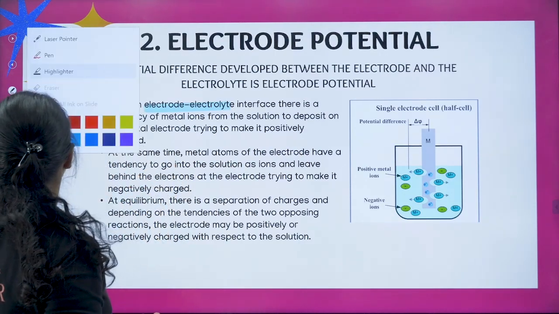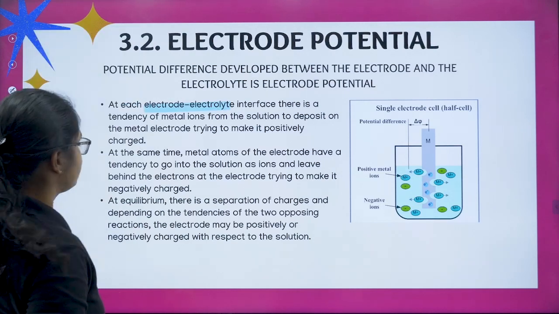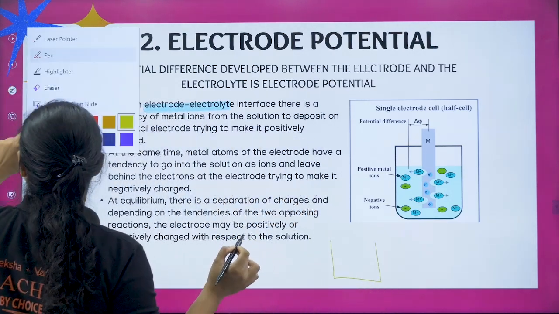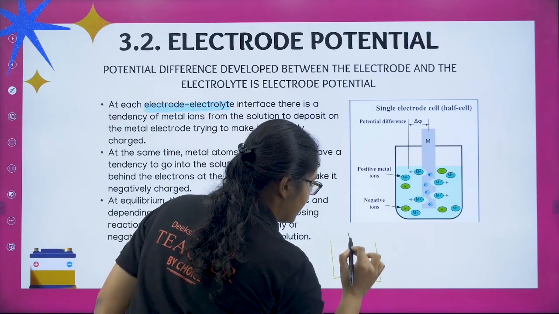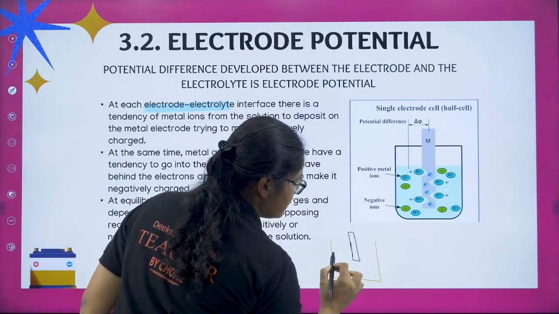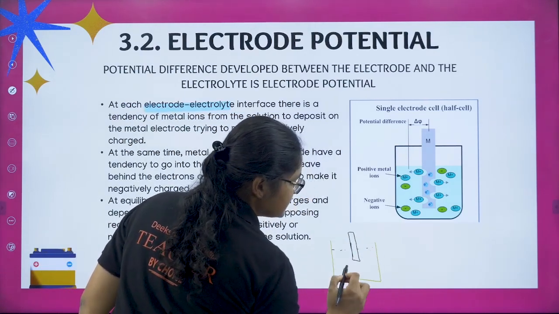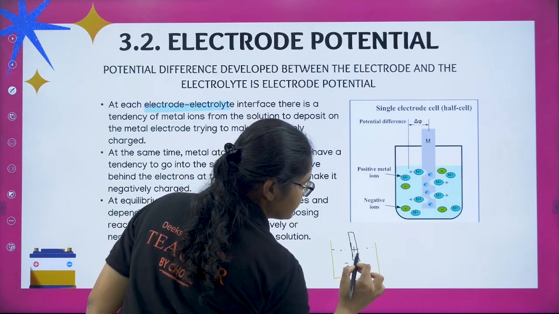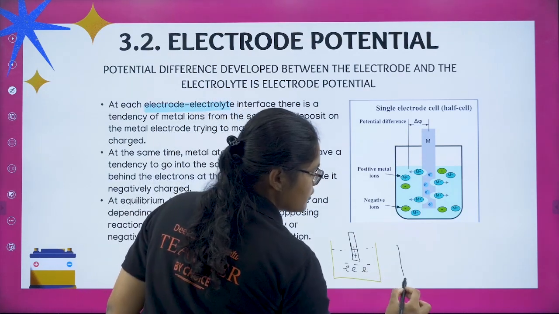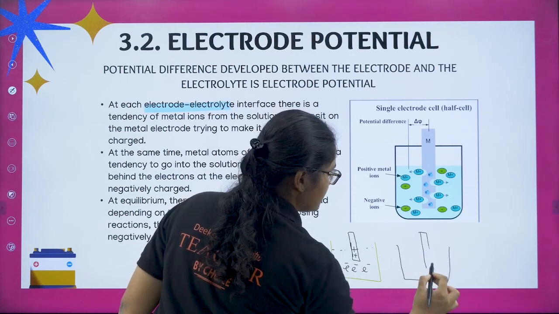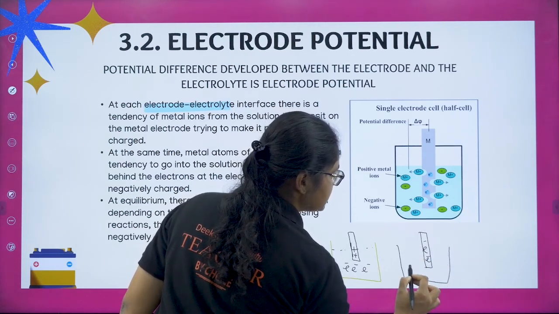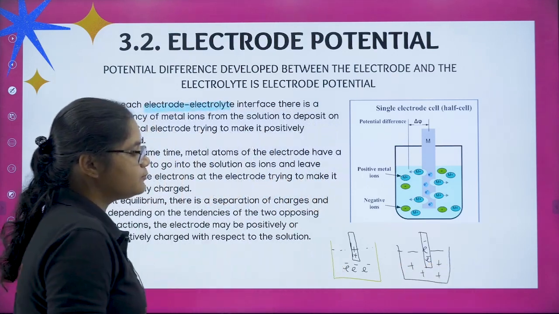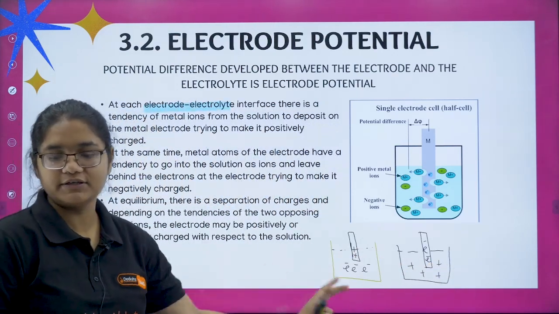You can have the solution having negative charge and the rod having positive charge. This type is possible. Or you can have the rod having negative charge and the solution having positive charge, right? So both types of potential are possible.